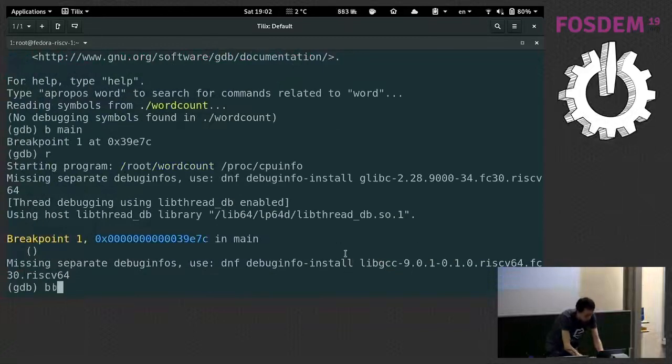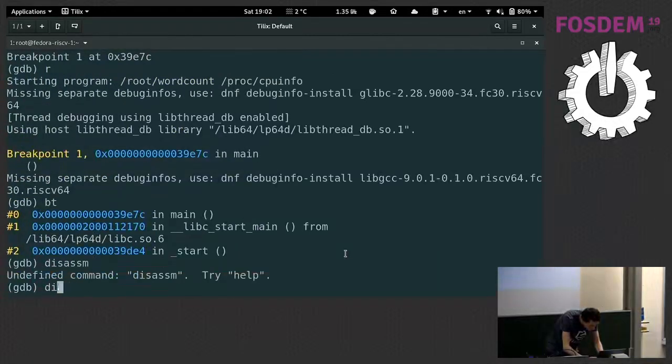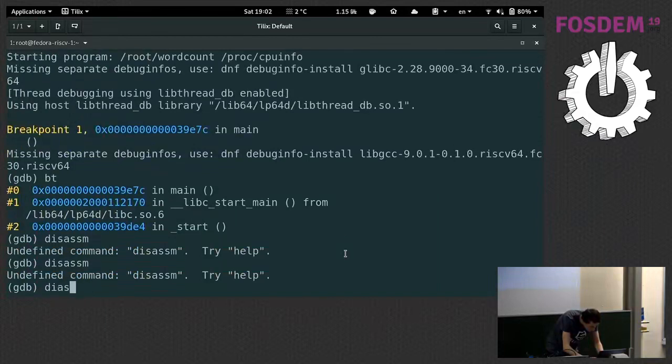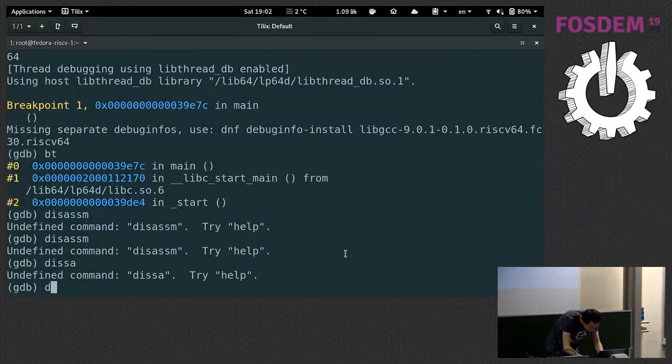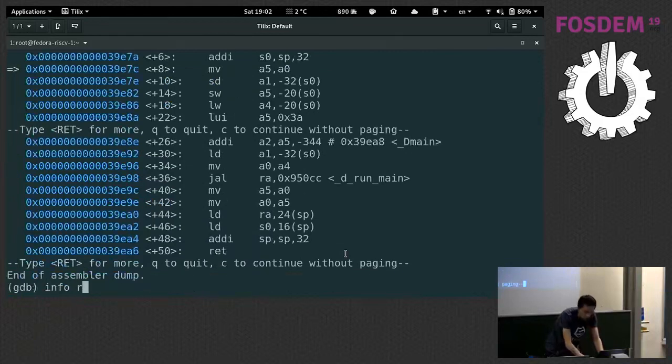So backtrace. I always make a mistake. Yeah, so you can disassemble. You can look at the registers.